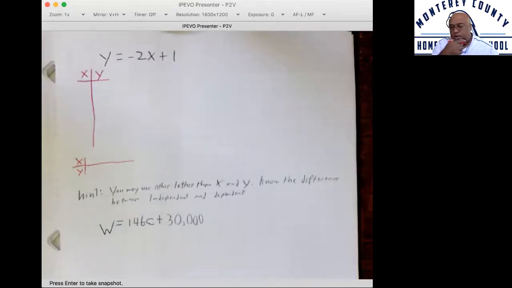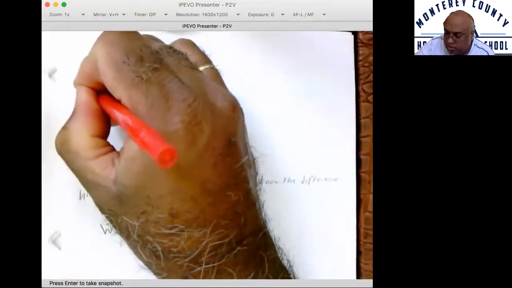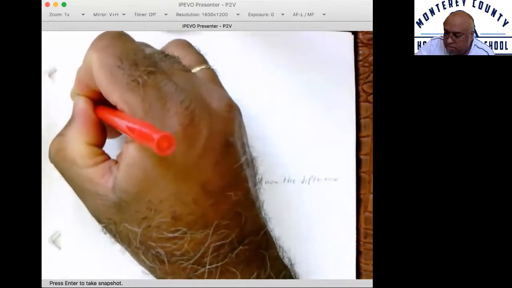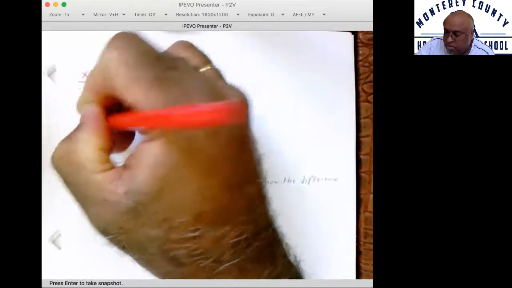Now, given that most graphs are usually fairly small numbers, you want to start with numbers that are fairly close to 0. The standard numbers to use for your x values are -2, -1, 0, +1, and +2.